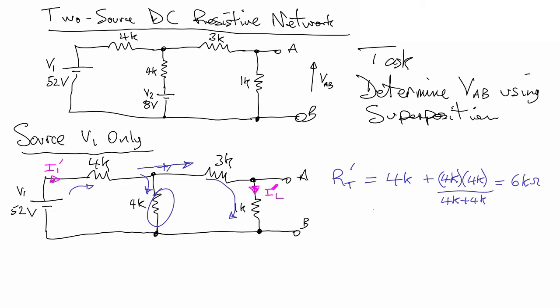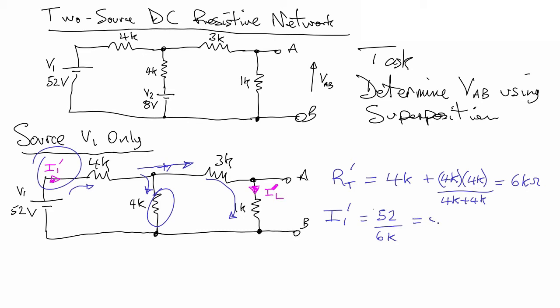So in terms of the current which emerges from the battery, this thing here, I1 dash is equal to the battery voltage itself, which is 52, divided by the resistance which the battery actually sees, which we've just determined to be 6K. Okay, and work that one out.